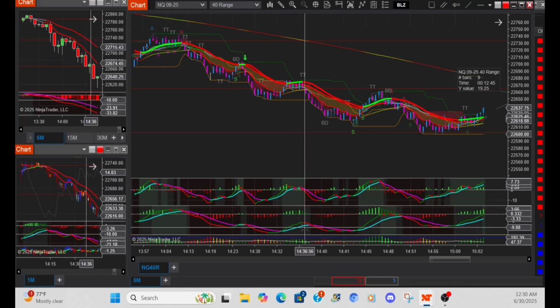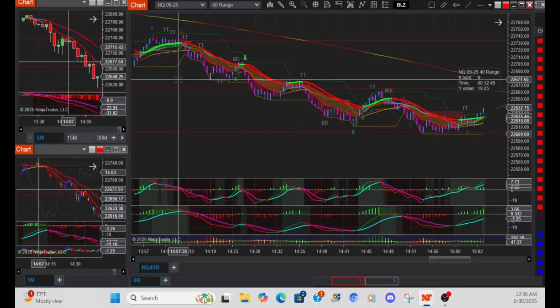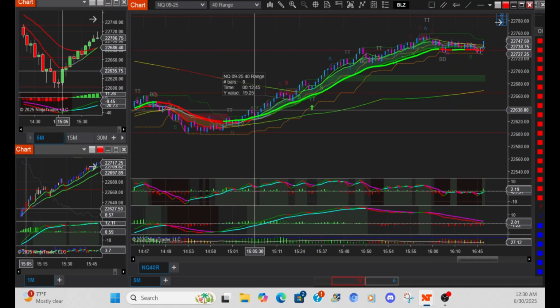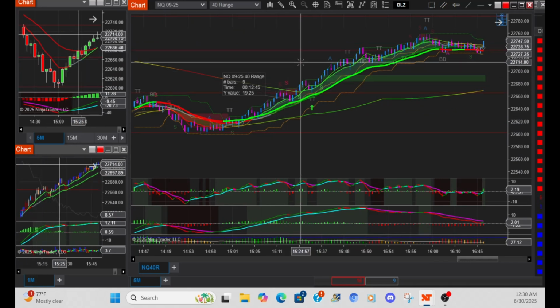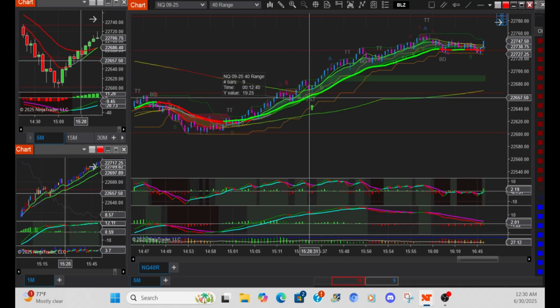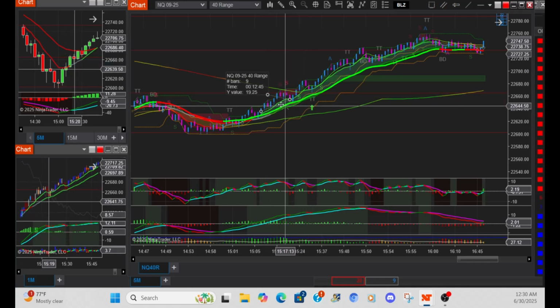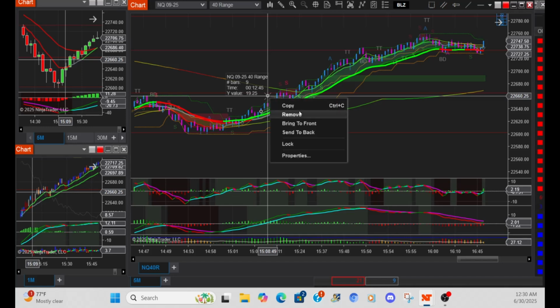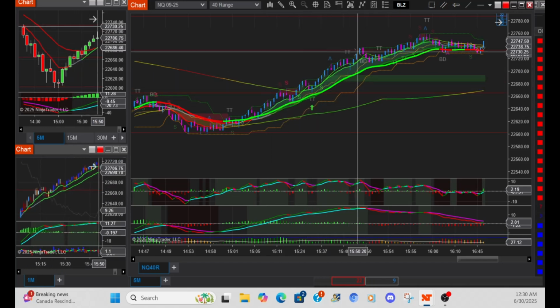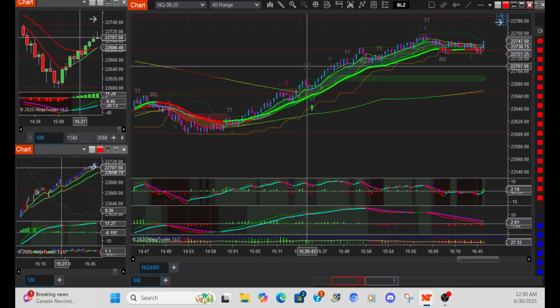So when the MACDs fall down below, there is no need for looking for much. Okay, this is crossing up. Now this one here, SC took this the other day. Yep, this was on Friday, and SC took this at the end of the day.